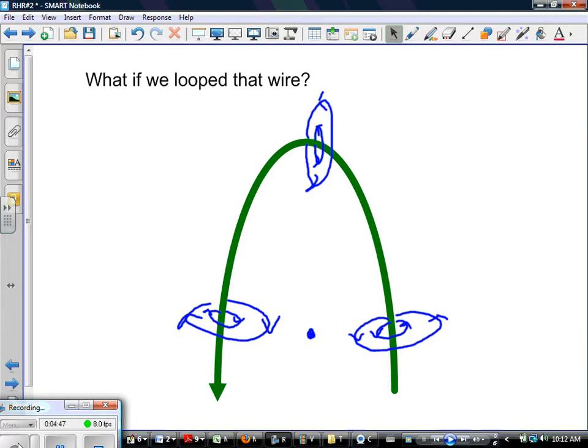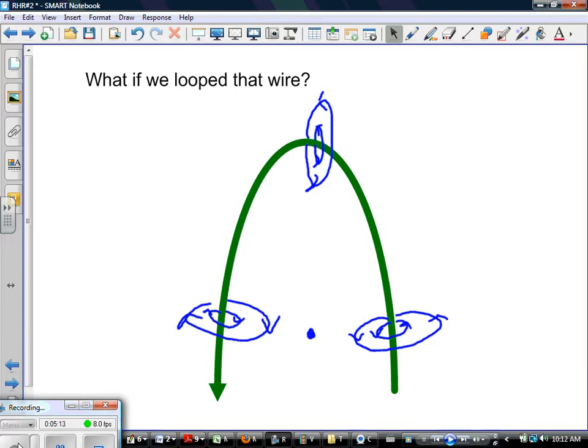Into the page or out of the page? Out of the page. Current's flowing from the right-hand side to the left-hand side. You can see the arrow there. So if I grabbed onto the wire right here with current flowing up, using right-hand rule 1, then right at the center here, the field lines would be pointing out.